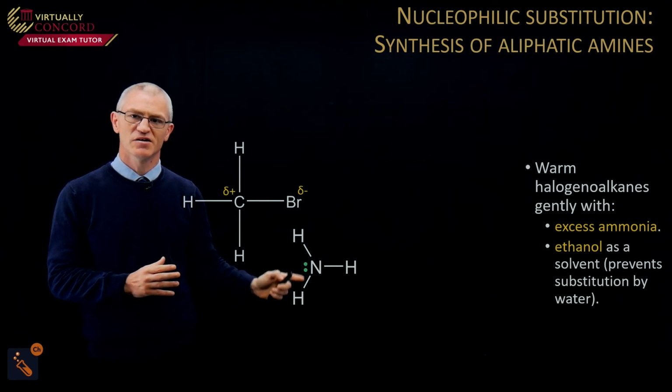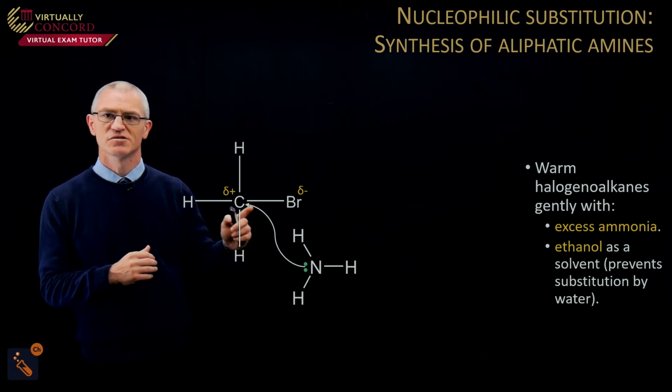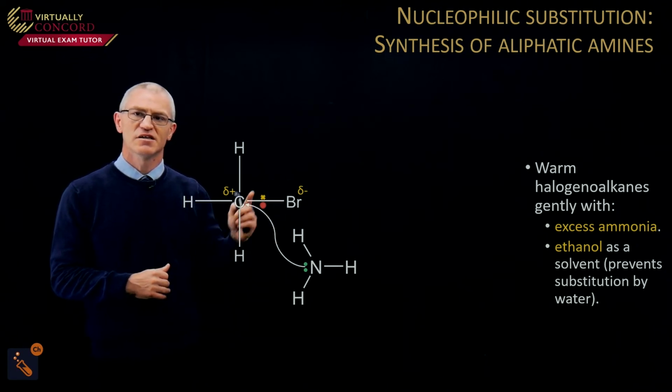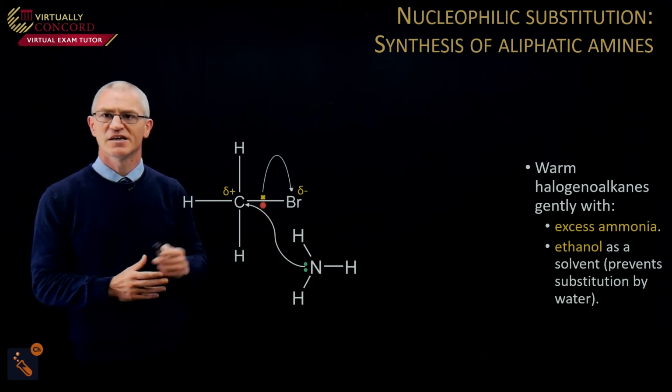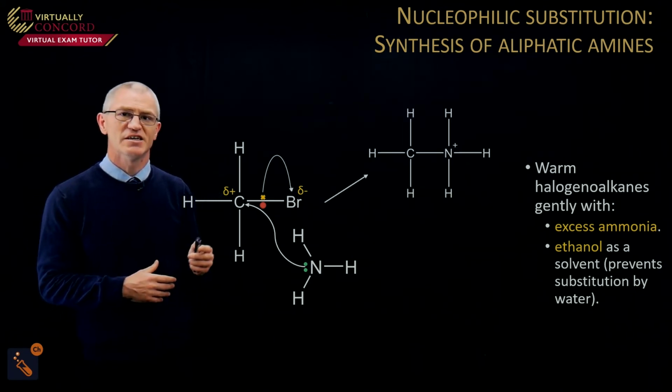Okay, and then we have our ammonia, and from our ammonia, you can see the arrow goes from the electrons to the plus, and then it kicks out the bromine. That then creates this intermediate.